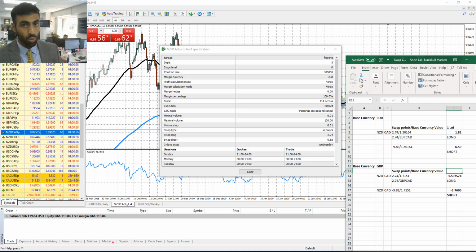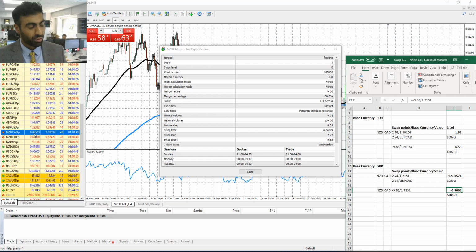Also remember, if you hold the trade over Wednesday, you will be charged triple swap, and that is that rate essentially times 3. So if you're holding one lot over a Wednesday, you multiply by 3, and you will be paid that times 3, or debited that times 3. Keep that in mind when you're holding trades over a Wednesday. That is how you calculate your swap rates from swap MT4 points.